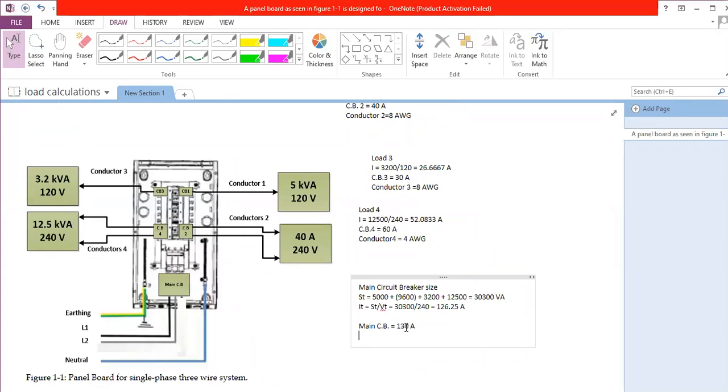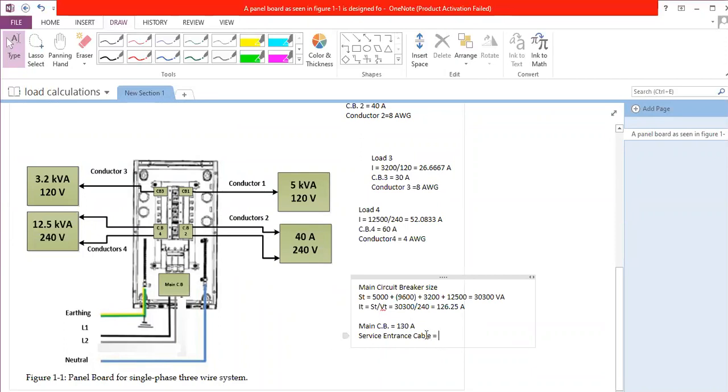Now from the main circuit breaker, I need to calculate what? I need to calculate the service entrance cable. This is the main service. What is the size of the service entrance cable? I'm talking about these 2 wires.